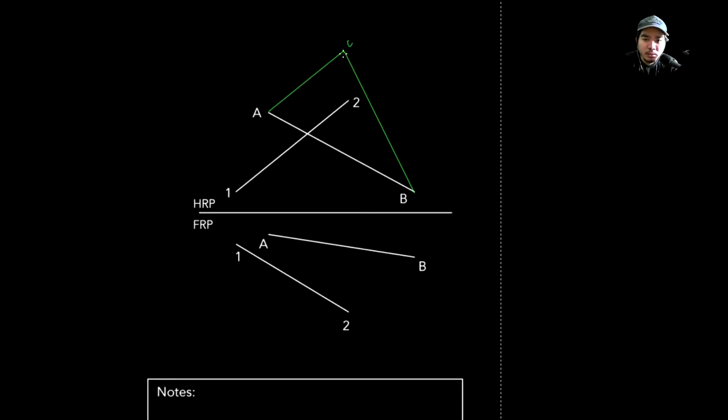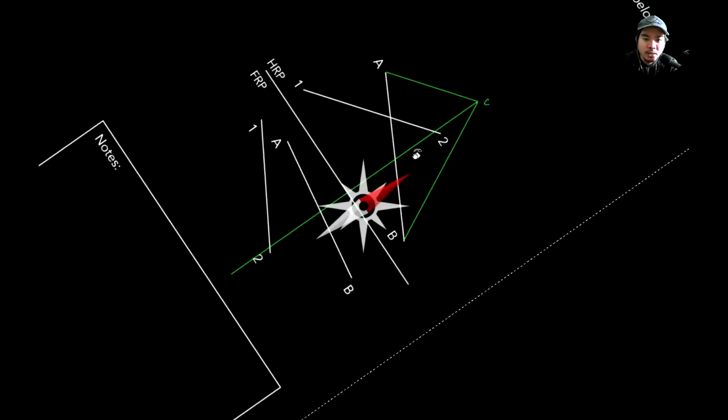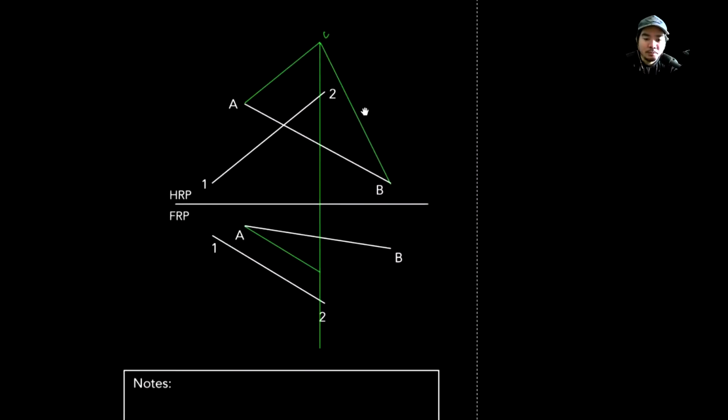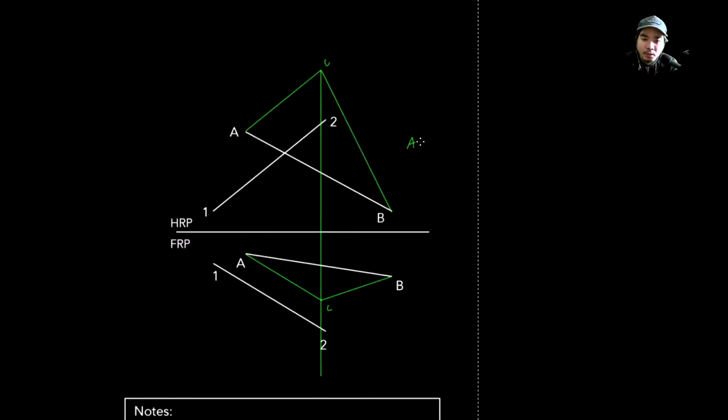Itong si C, C should be located somewhere here. Pero AC should be parallel to 1, 2 still, no? For it to be truly parallel to 1, 2, and therefore make our triangle fully parallel to 1, 2 as well. Okay? So yan. So we have ABC. AC is parallel to 1, 2. Therefore, ABC is parallel to 1, 2.